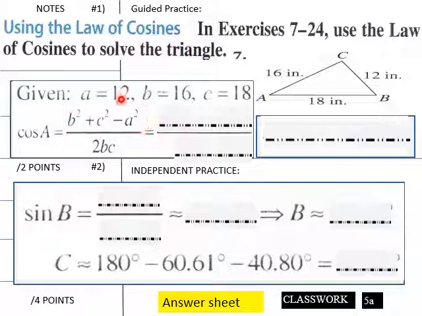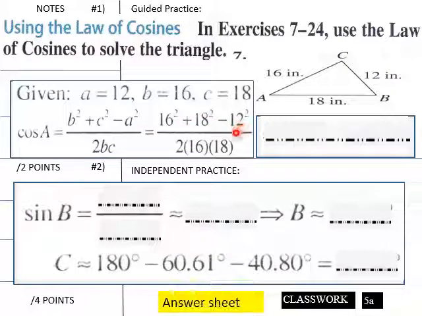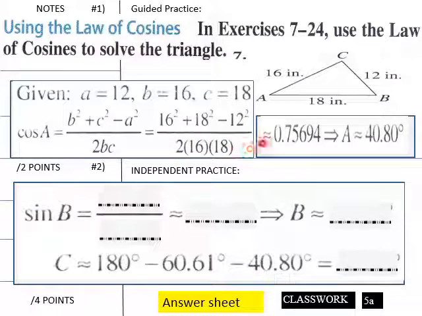And then when we fill in our values from our given, we get 16 squared plus 18 squared minus 12 squared all over 2 times 16 times 18. We get a number here. And then when we use our inverse cosine function on our calculator, we get 40.80 for A.